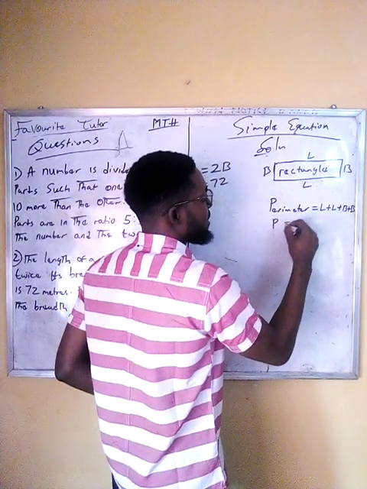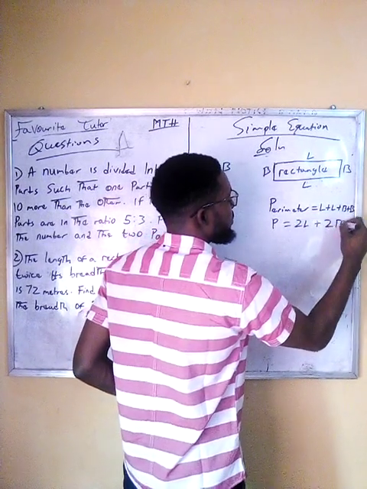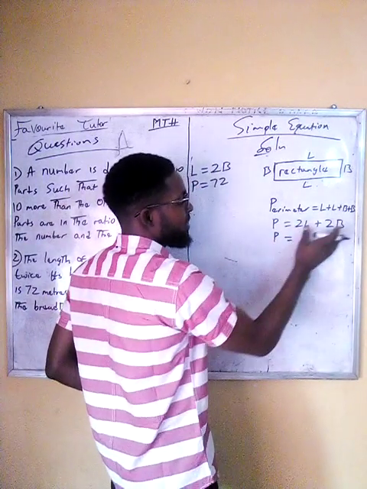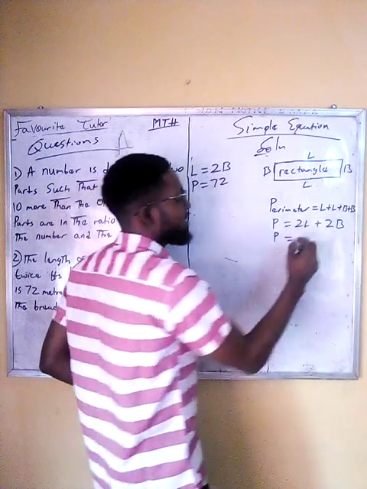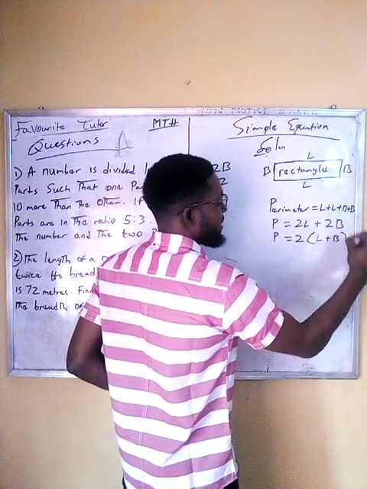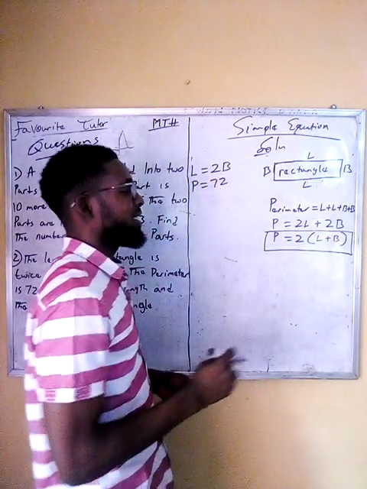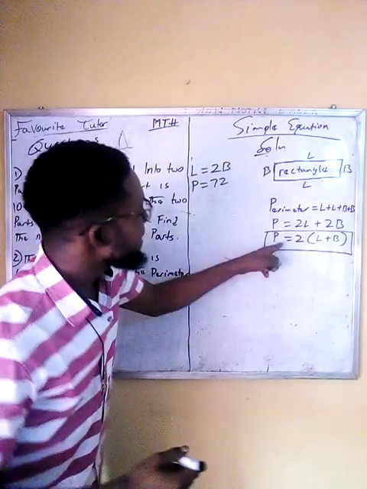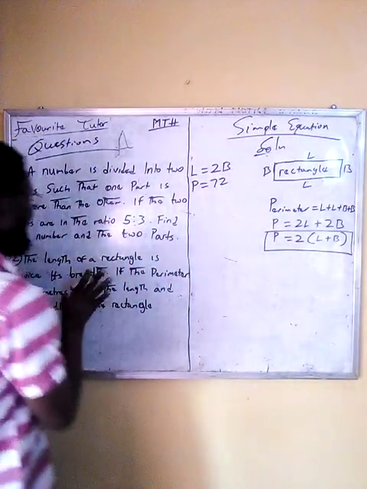So the perimeter is equal to 2 lengths plus 2 breadths. We now factorize: 2 bracket length plus breadth. So this is the formula for the perimeter of a rectangle, and it is going to be our required equation to solve this question.